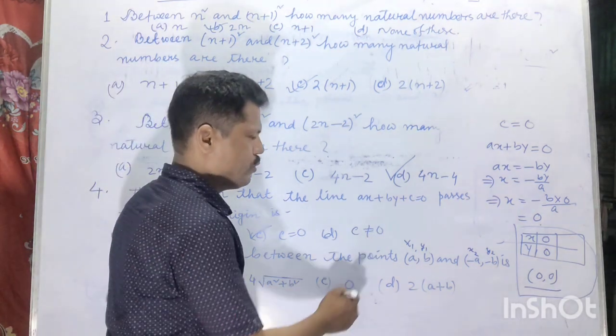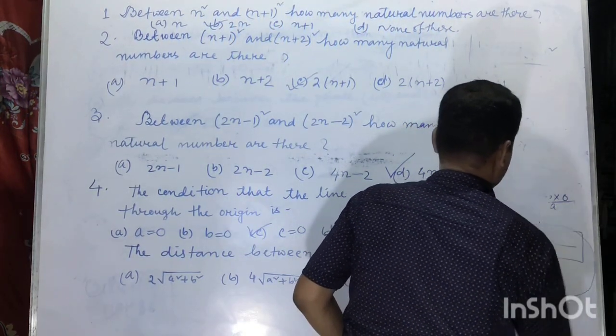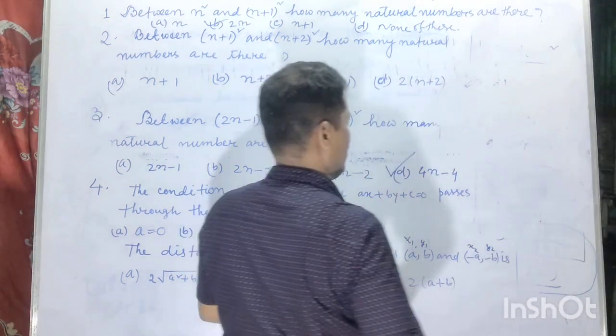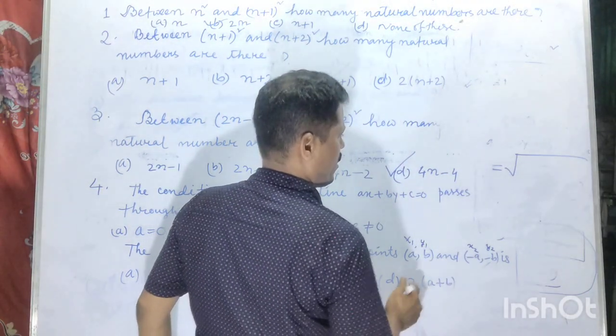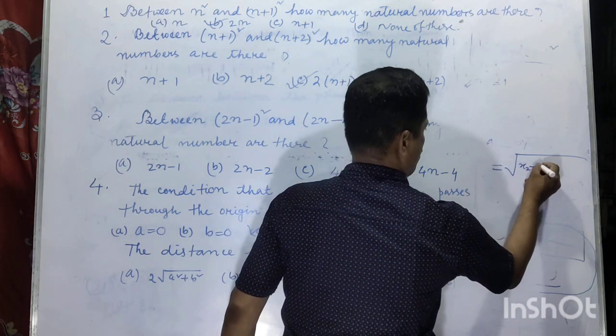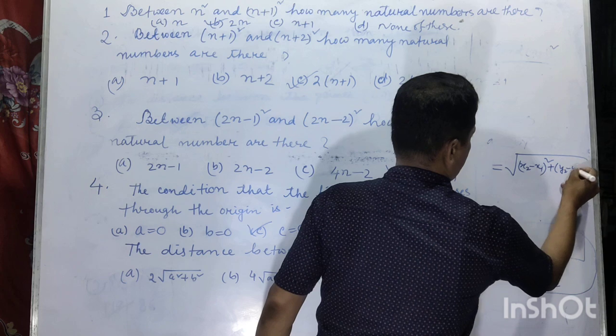So we have to find the distance between these two points: under root x2 minus x1 whole square plus y2 minus y1 whole square.